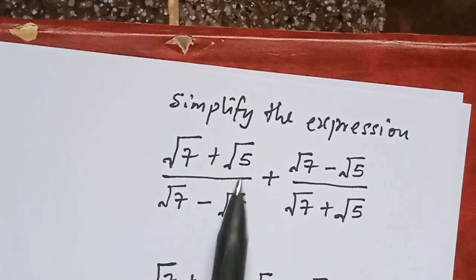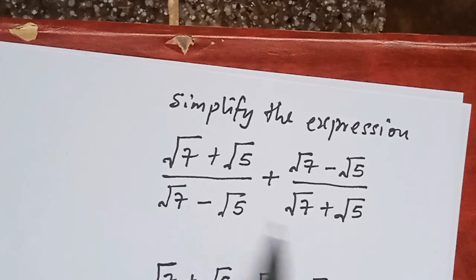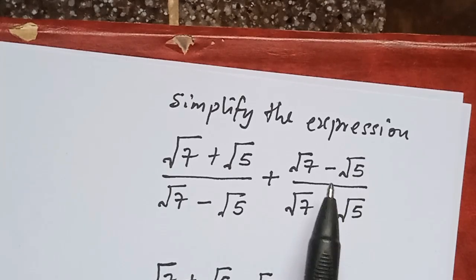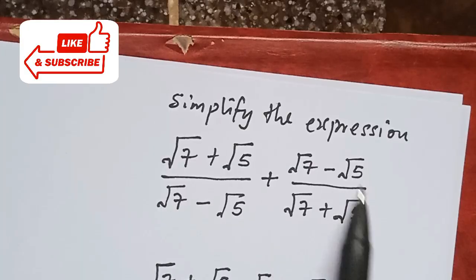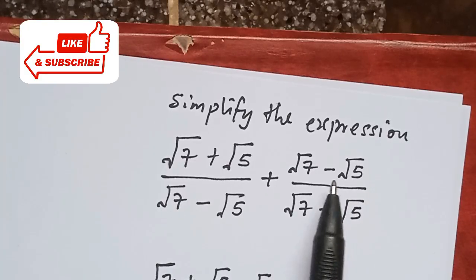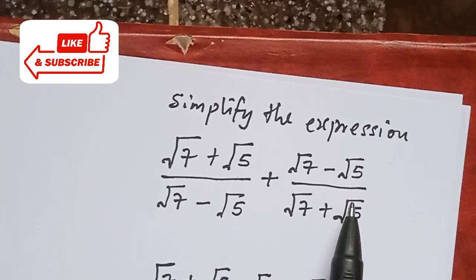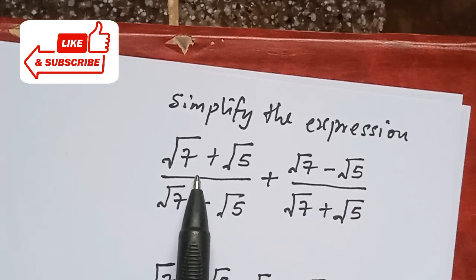For the first expression. Then we are going to go over the same process for the second one. After the simplification of the second one, we now add the result together with the result of this one.